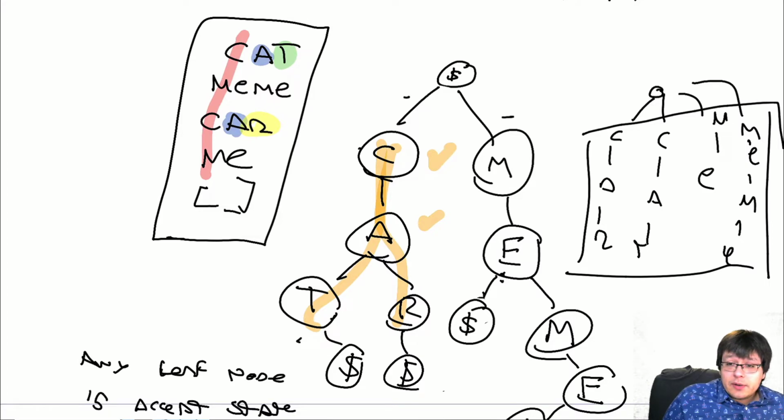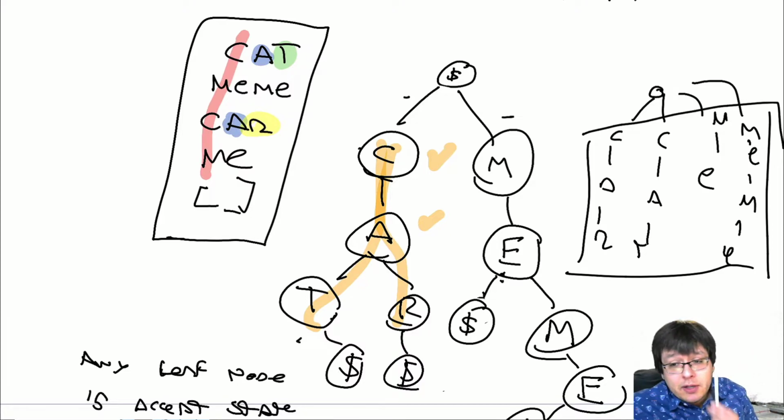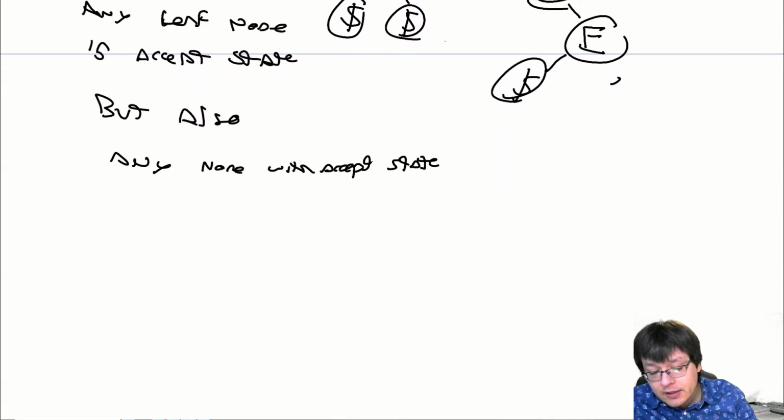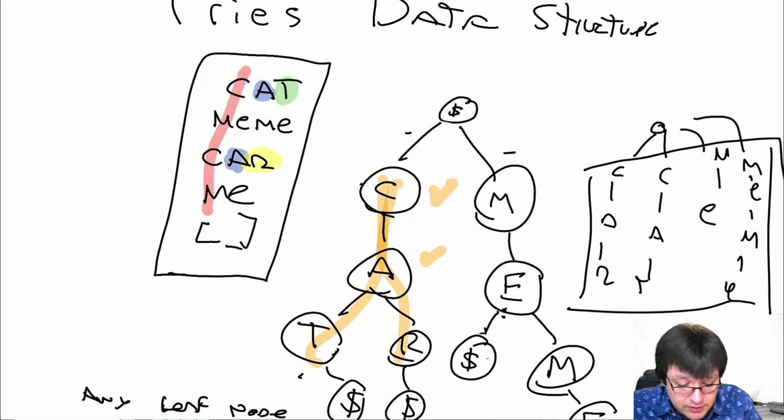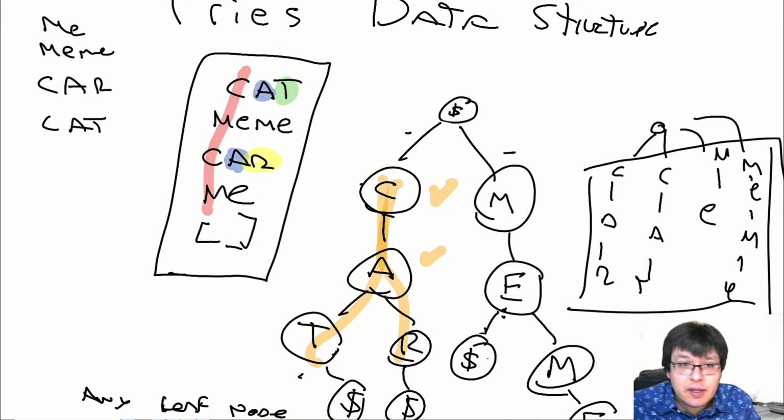But here, you can find it in log n time, but log n is not the size of the list, it's the size of the word. Whereas when you have an array of words, so let's say we sort these, it becomes car, cat, me, meme.